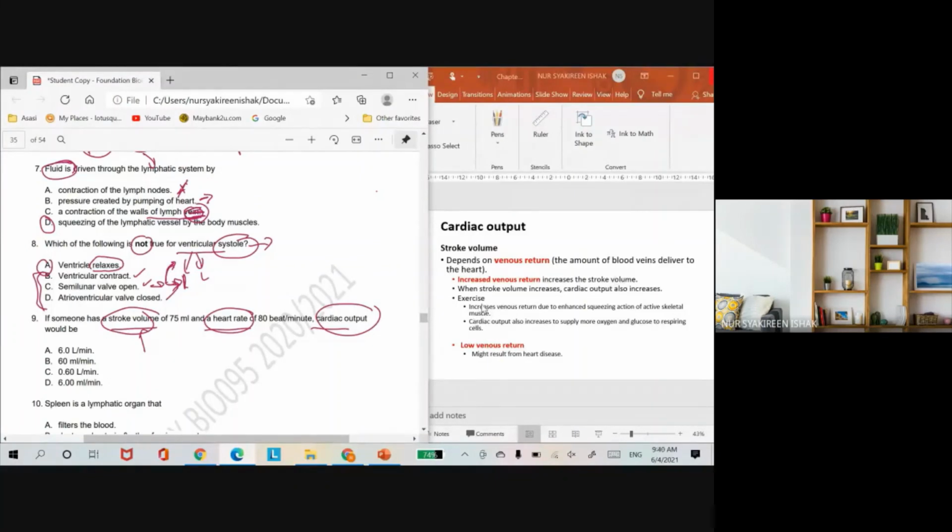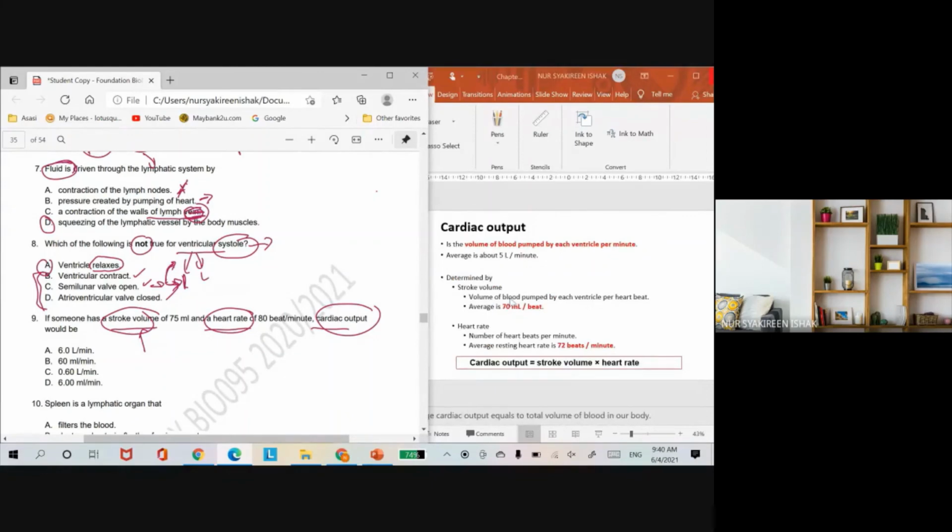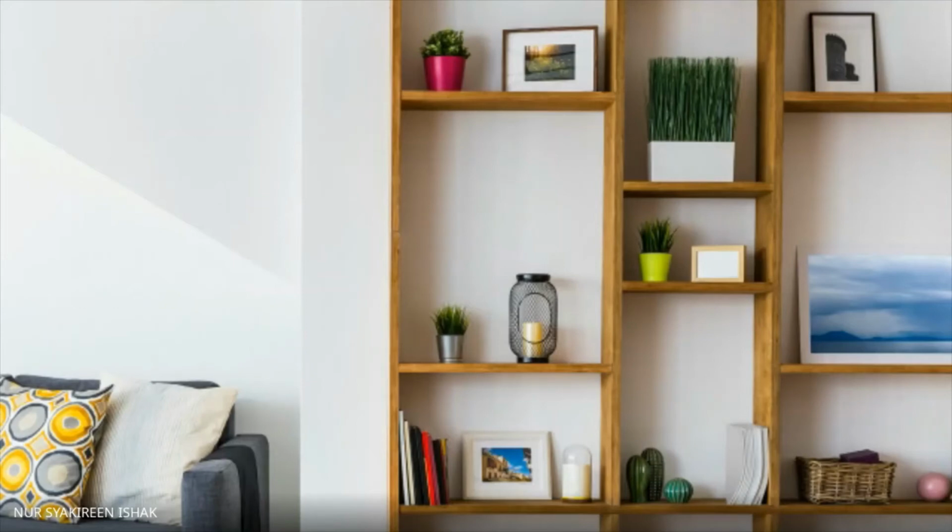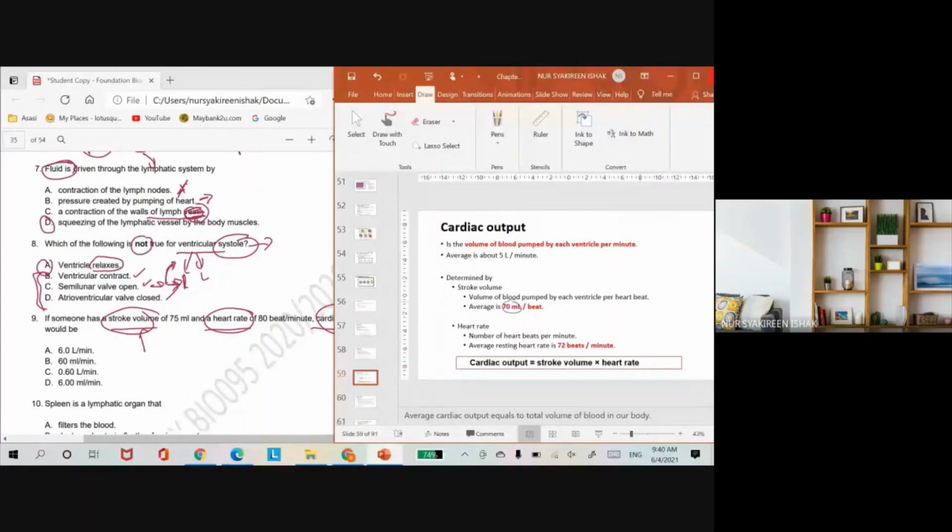Stroke volume is the volume of blood pumped by each ventricle per heartbeat. So how much blood one ventricle chamber can hold, which is 70 ml per beat.